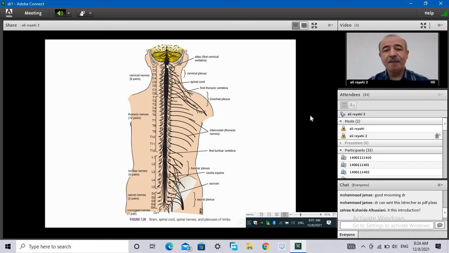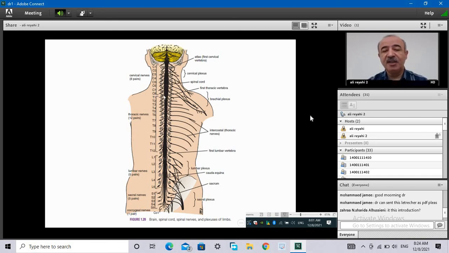For example, there are 8 segments in the neck, shown by cervical nerves C1 to C8.